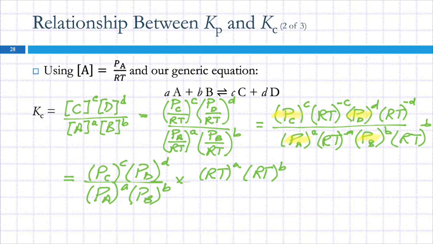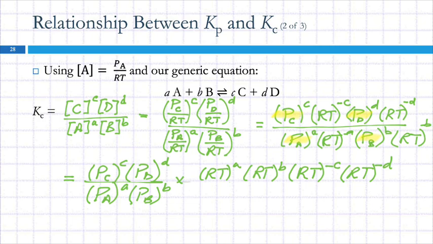I'm going to bring those up, and I'm going to leave the other guys up there. RT to the negative C and RT to the negative D. Now, when you're multiplying things that are raised to a power, what can you do to simplify this?